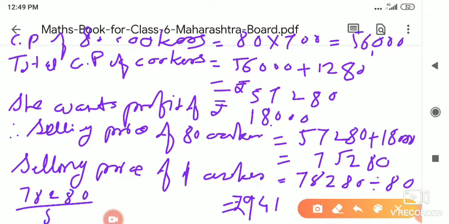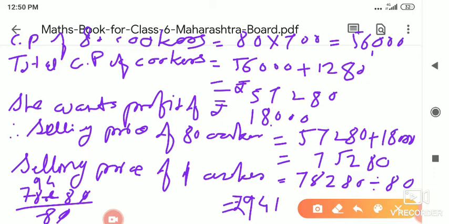75,280 upon 80, 0 cancels with 0, 8 ones are 8, 8 nines are 72, remains 6, then 8 fours are 72, and if you divide this you will get 456.